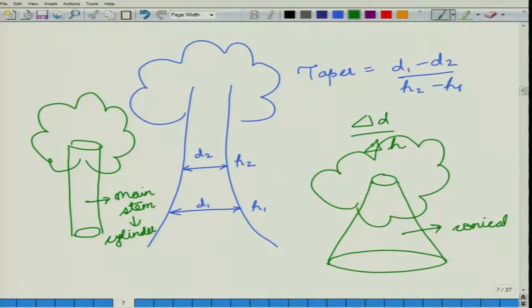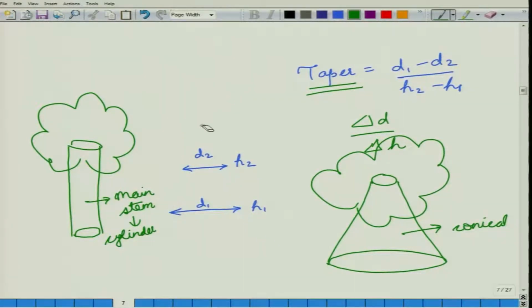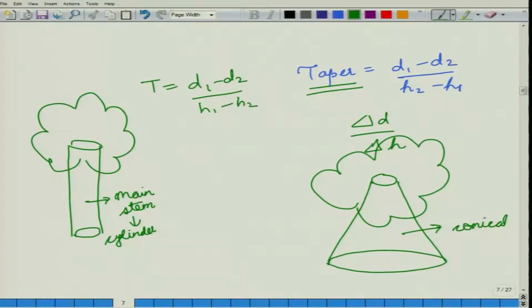Now, if we looked at this quantity taper, if you used another convention and represented it in a negative form, you could also write it as T equal to d1 minus d2 upon h1 minus h2, in which case a negative taper would show its diameter is decreasing with height and a positive taper would show that its diameter is increasing with height, which is not seen in natural conditions.